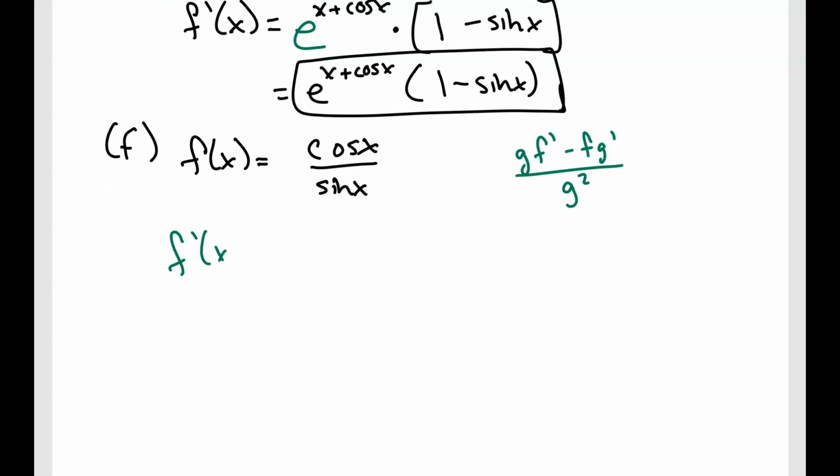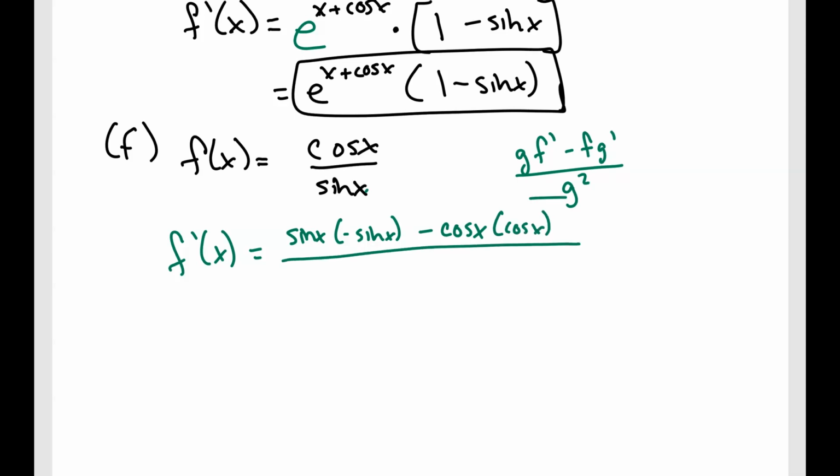So f prime of x is going to be equal to low, which is sine of x, d high, the derivative of the high, is going to be negative sine of x, minus high, which is cosine of x, d low, the derivative of the low, which is sine of x, is going to be cosine of x, divided by low squared, the sine x squared.